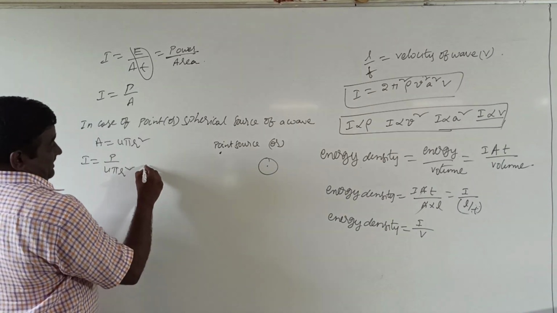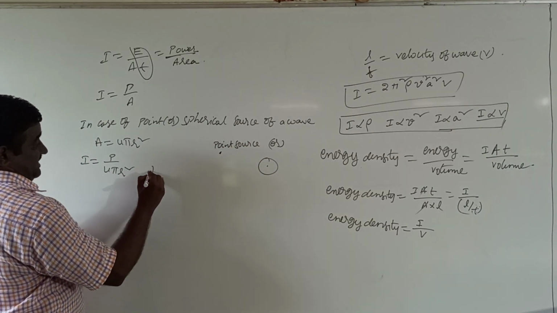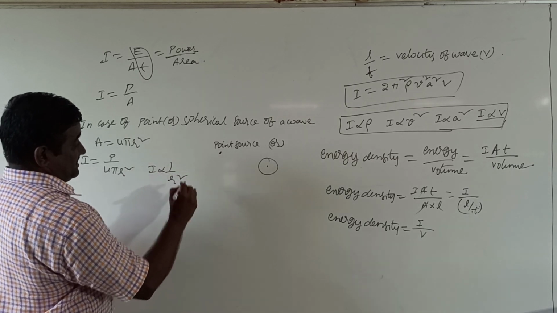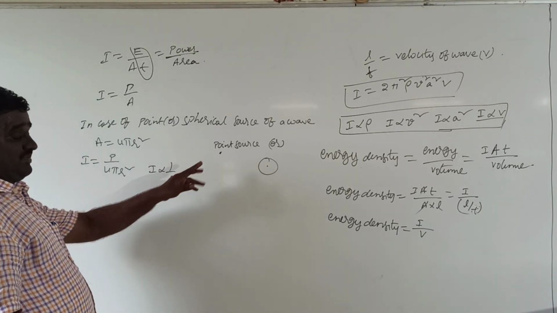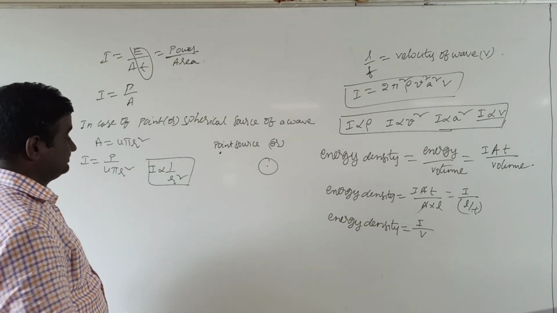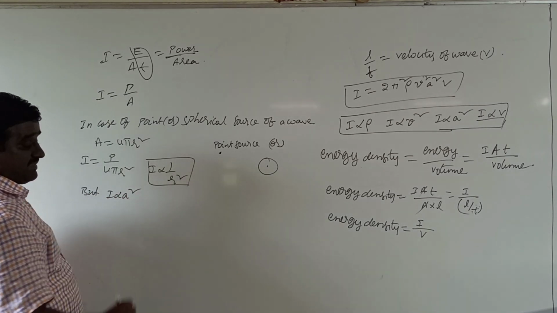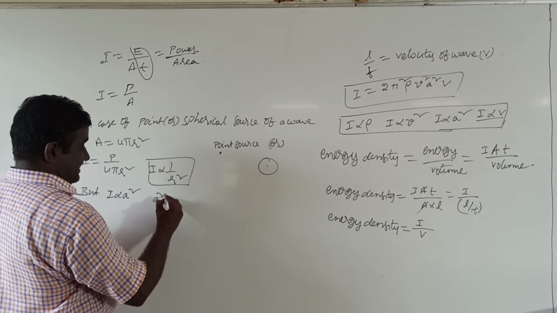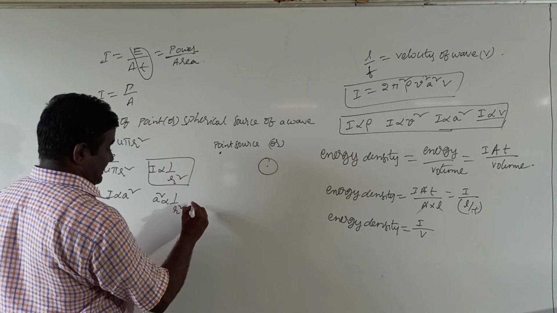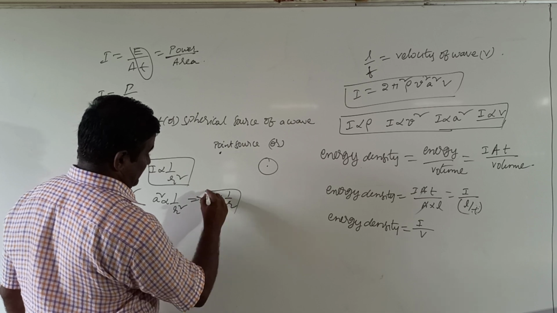Then we write, in case of a point source or spherical source, the intensity of a wave is inversely proportional to the square of the distance from that source. Means intensity obeys the inverse square law. But we know that intensity is directly proportional to the square of the amplitude. Then a square is directly proportional to 1 by r square, then a is directly proportional to 1 by r.